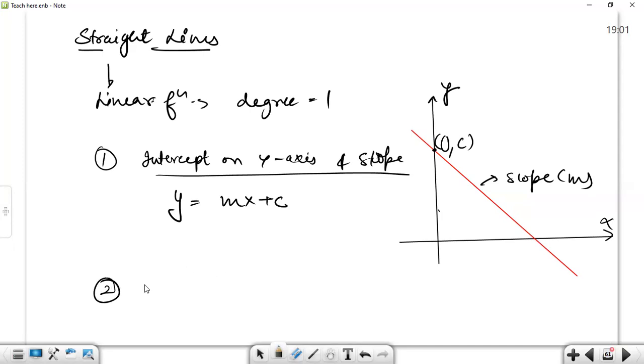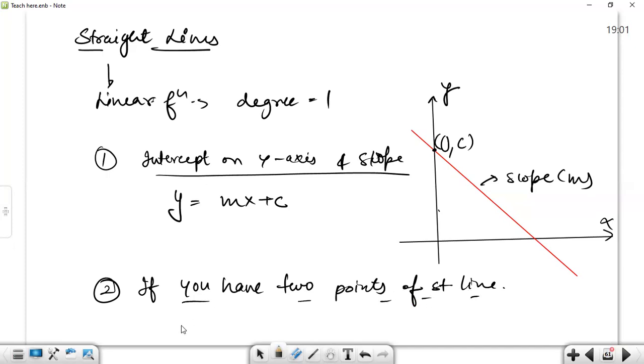And if you have two points of a straight line, then you yourself can find the slope. Slope would be the change in y over the change in x.